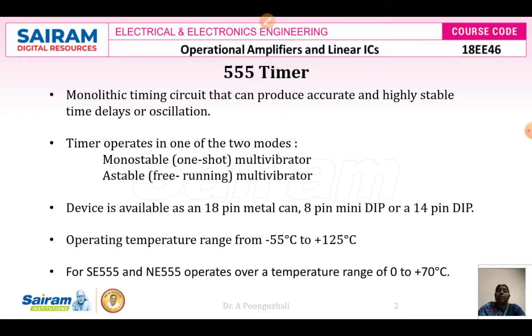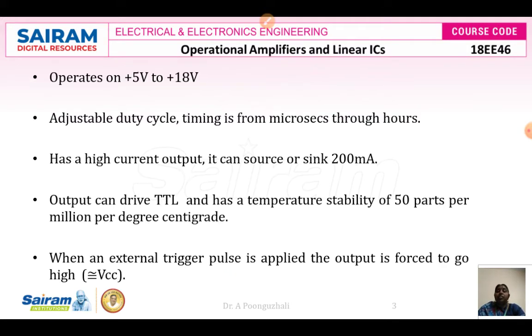For SE 555 and NE 555, it operates over a temperature range from 0 to +70 degrees centigrade. A 555 timer can operate from +5 volts to a maximum of +18 volts. Here we use only a single positive voltage, from +5 volts to +18 volts.